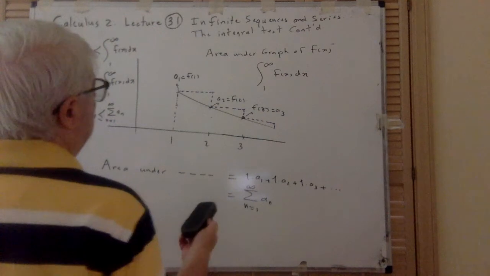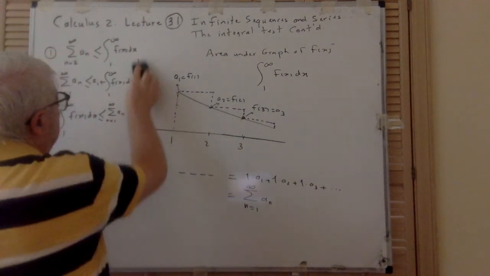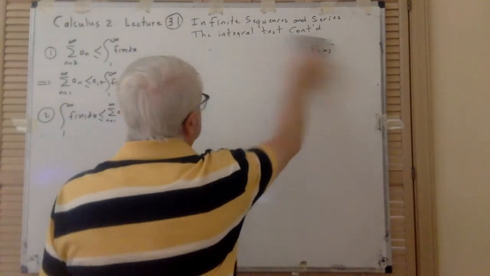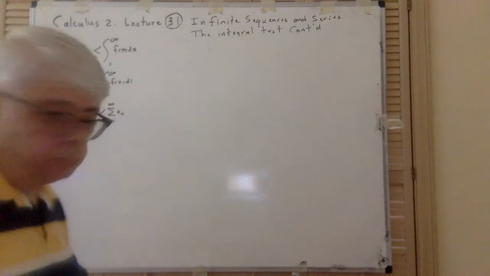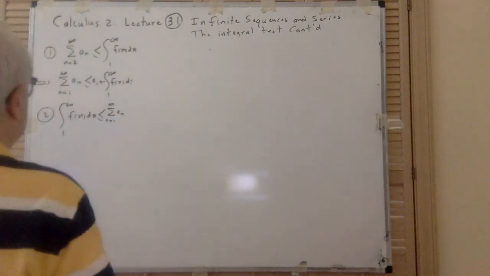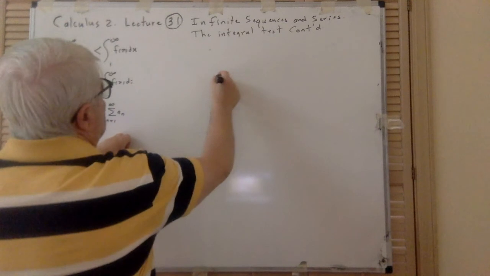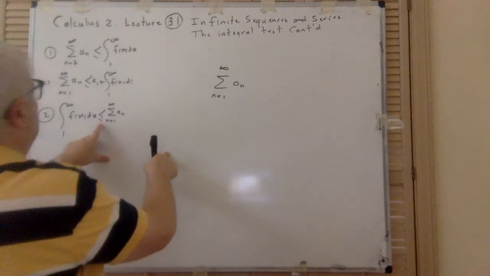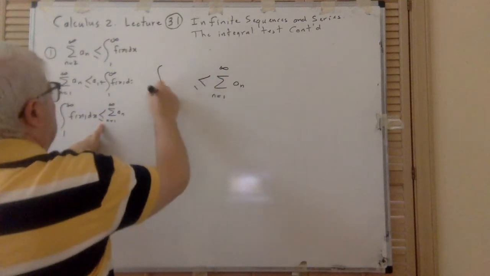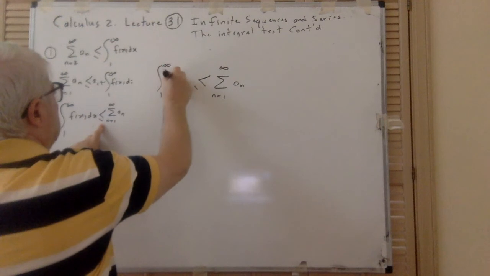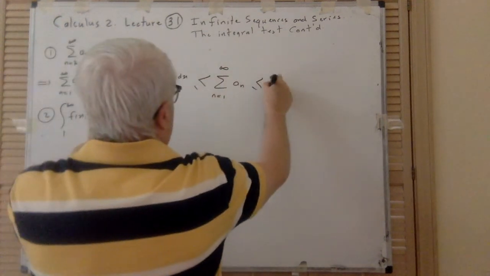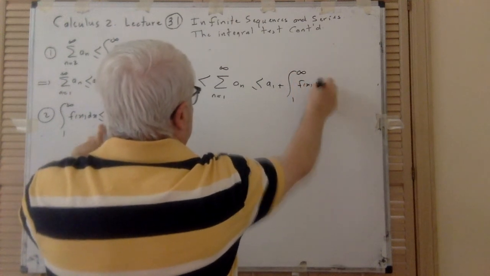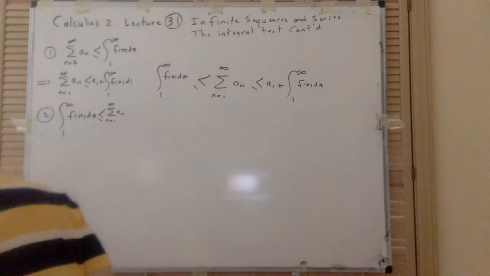So what does this mean? Let me erase the graph and look at these two results. Put them together. So, on one hand, let me write this in the middle, the sum of a_n, n from 1 to infinity, and this is bigger than the integral from 1 to infinity of f(x) dx, and less than a1 plus the integral from 1 to infinity of f(x) dx.